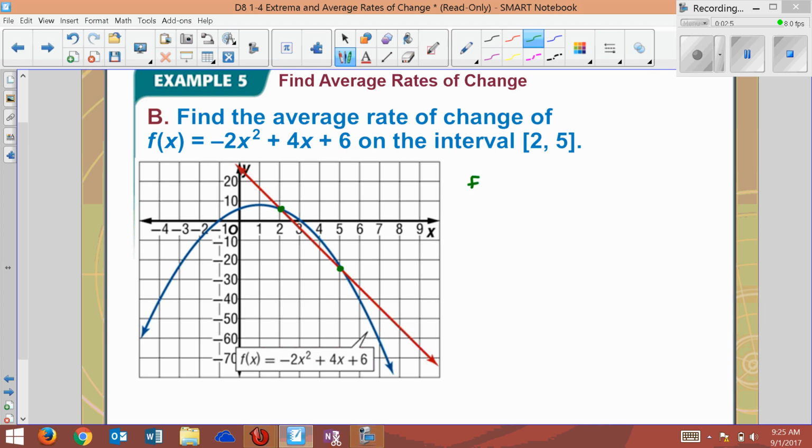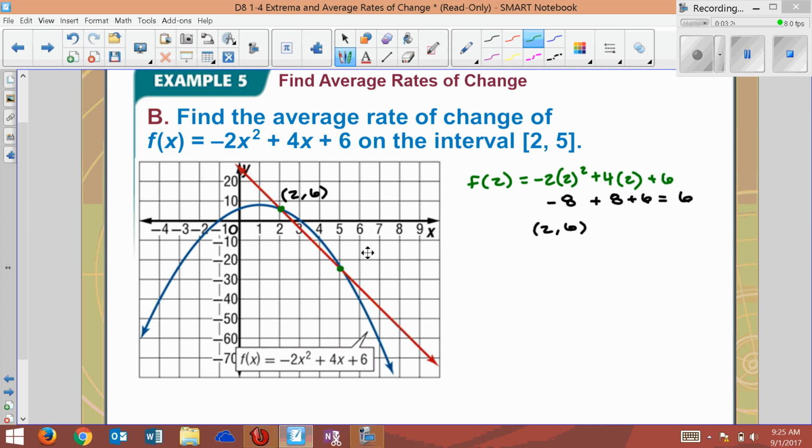So let's determine it real quick. f of 2 would equal -2 times 2 squared plus 4 times 2 plus 6. This becomes 2 squared is 4 times -2. That's -8 plus 8 plus 6. That would equal 6. So we have the point here when x is 2. We have 2, 6. So I'll put that there, 2 comma 6.